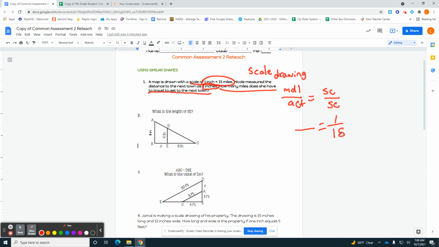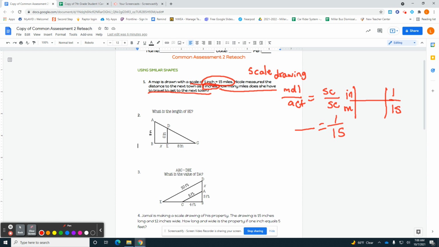So this is inches and this is miles. That's how we set it up. So you could use the big H for this, inches, miles, and we have 1 over 15, 1 inch equals 15 miles.